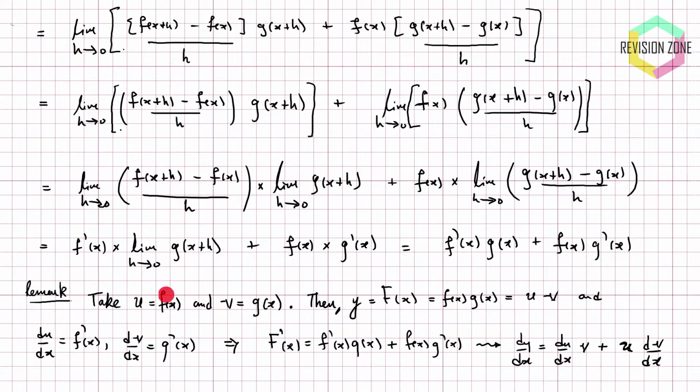So if I define my function f of x to be the variable u, and my function g of x to be the variable v, then if my function capital F is defined as y, then using the definition of capital F, I can arrive at the definition of y in terms of u and v. So u and v are functions here of x. So y is a function of x, and so are u and v. And the way we get y is by multiplying u and v.